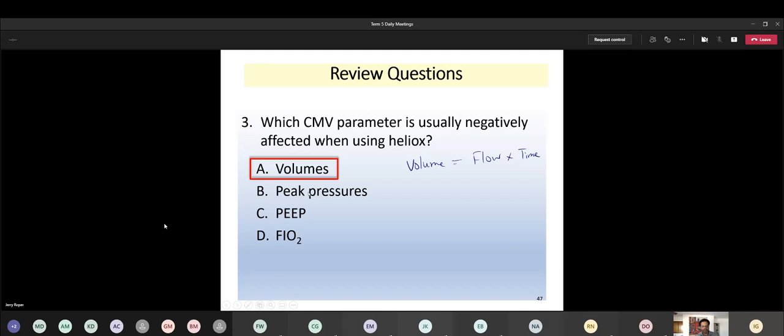I mean, maybe one breath it may show that your exhaled tidal volume is, say, this is a pediatric patient, 80 milliliters, and in the next breath it may show that it's nearly 200 milliliters, and it'll just be really, really erratic. And that's why you have to seek out the right machine to get the job done if your goal is to still give Heliox therapy while they're intubated.